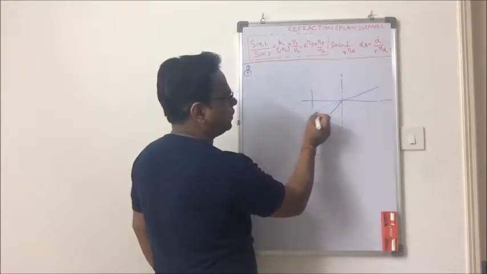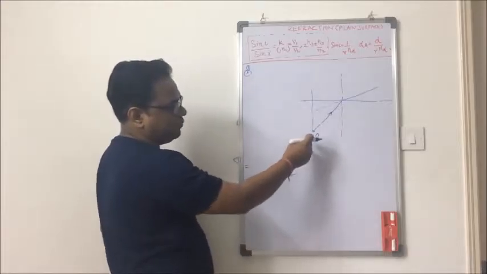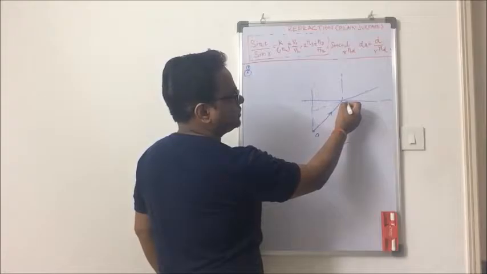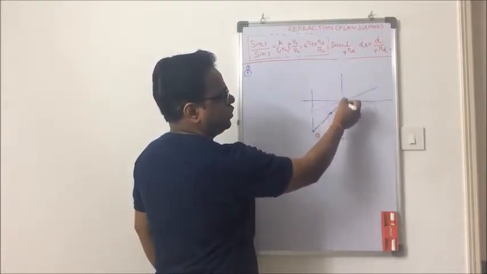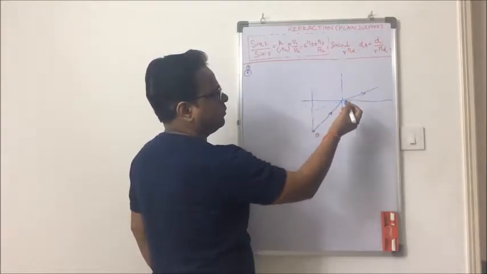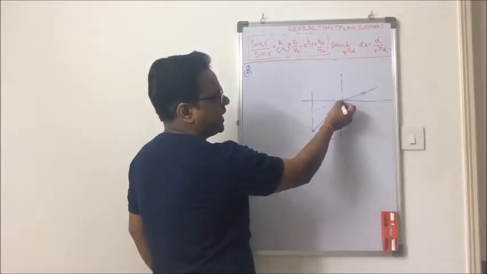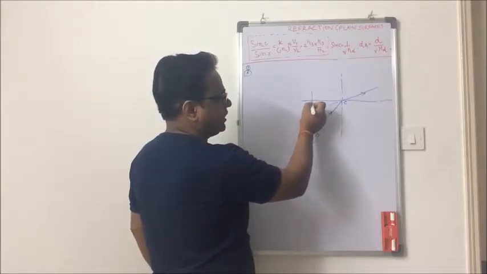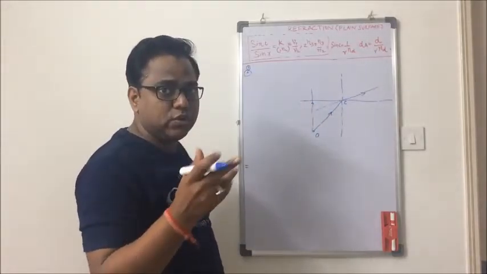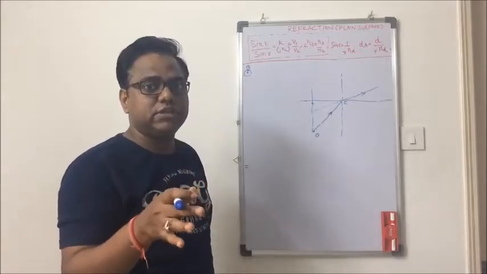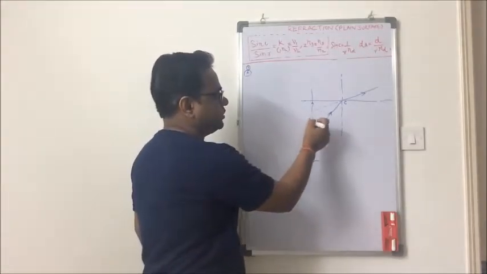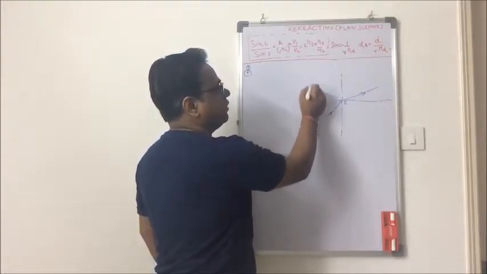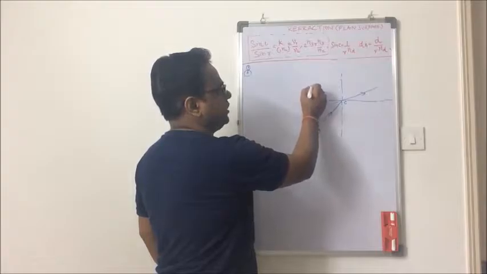This is O. So a ray of light coming from O hits at C, and this is your normal, and then it goes like this. But if you trace it back and draw a perpendicular line, which is nothing but another ray of light, as you know, to find the image of anything we need two rays of light. So let's say one ray of light is going like this, another ray is going perpendicular to this, so it will go straight.